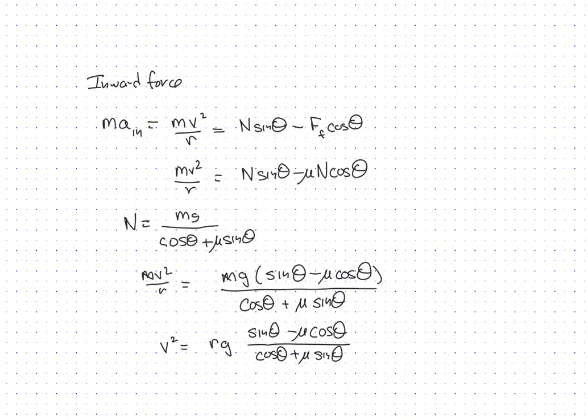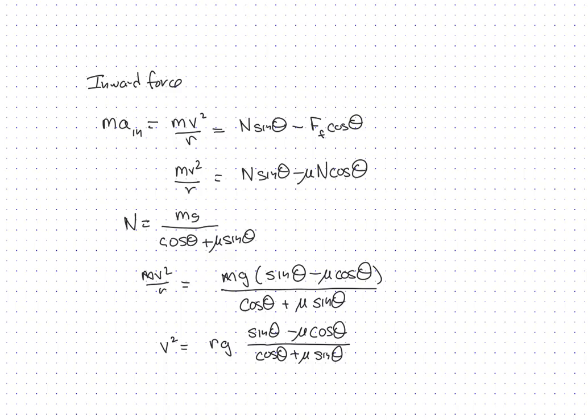So notice that the numerator here is actually smaller than before. It was just sine theta before, and as mu gets bigger, the numerator gets smaller because of the minus sign. The denominator gets bigger. So as the frictional force gets bigger, the minimum velocity gets smaller.